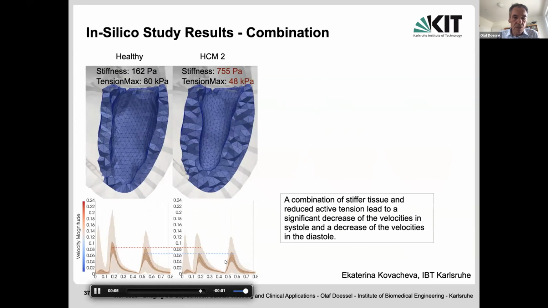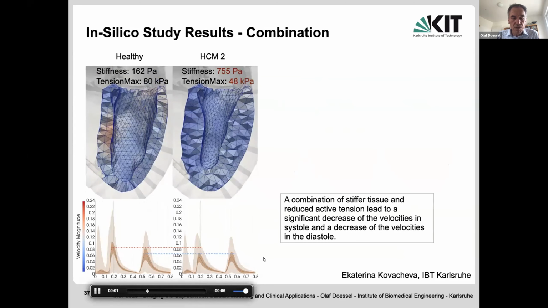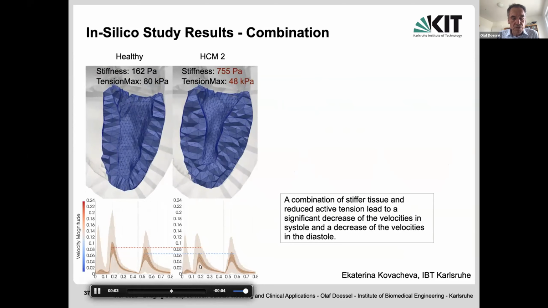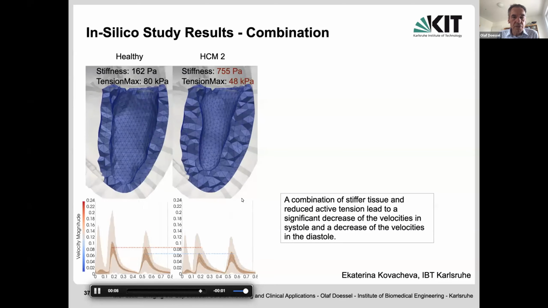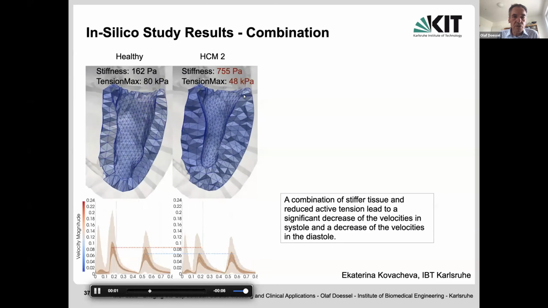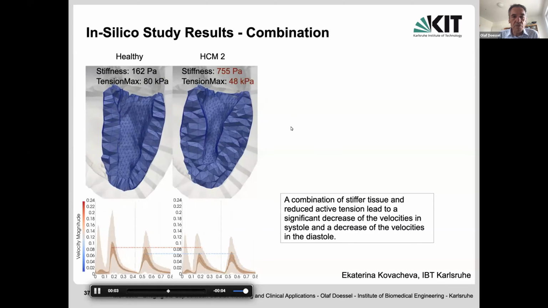This can be measured with MR imaging, and so it might be possible to use an MRI image and get more information about stiffness and tension development from these data.